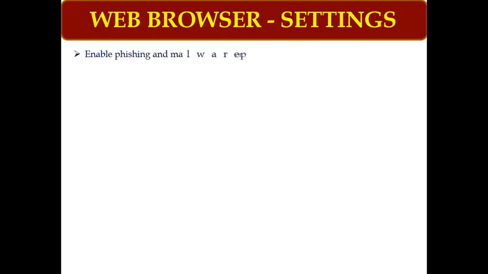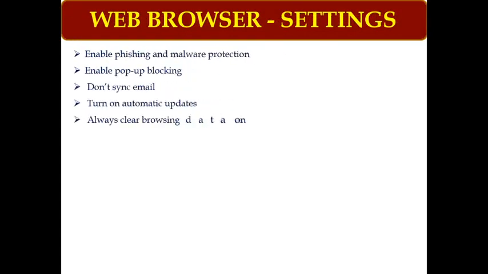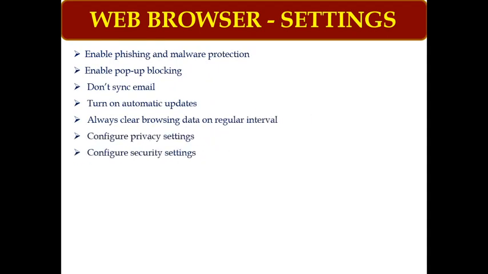Now some web browser settings. Here we cannot specify the specific settings for different web browsers. Instead of that, we can discuss some common settings which are to be enabled for safe browsing. In order to save our username and password, phishing protection options should be enabled so that our data cannot be stolen by someone else.